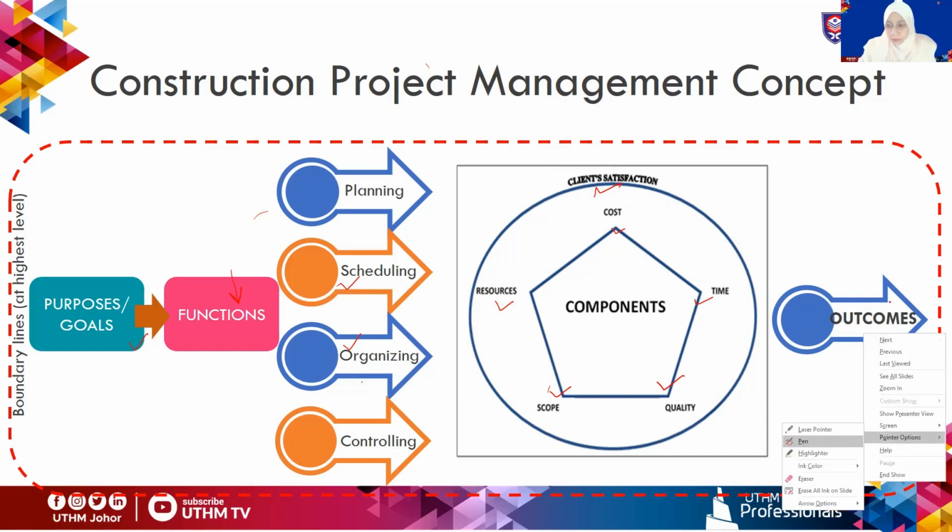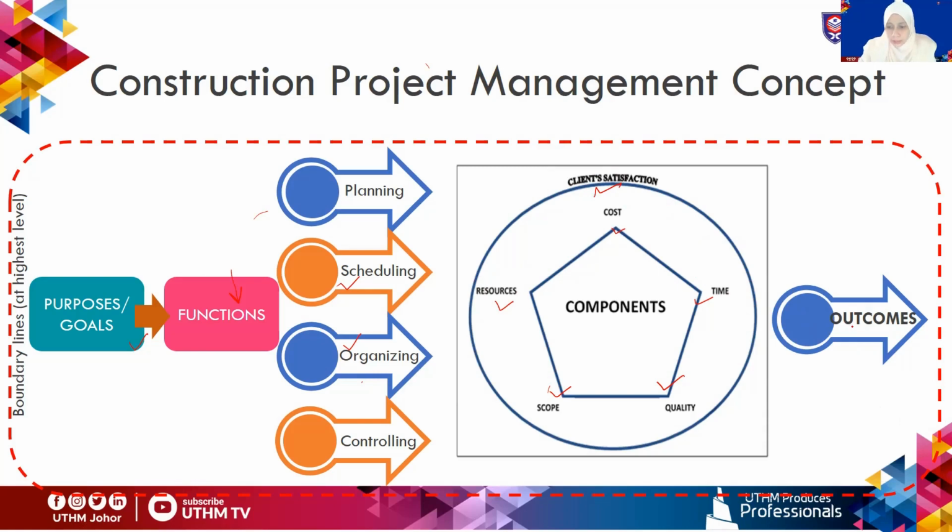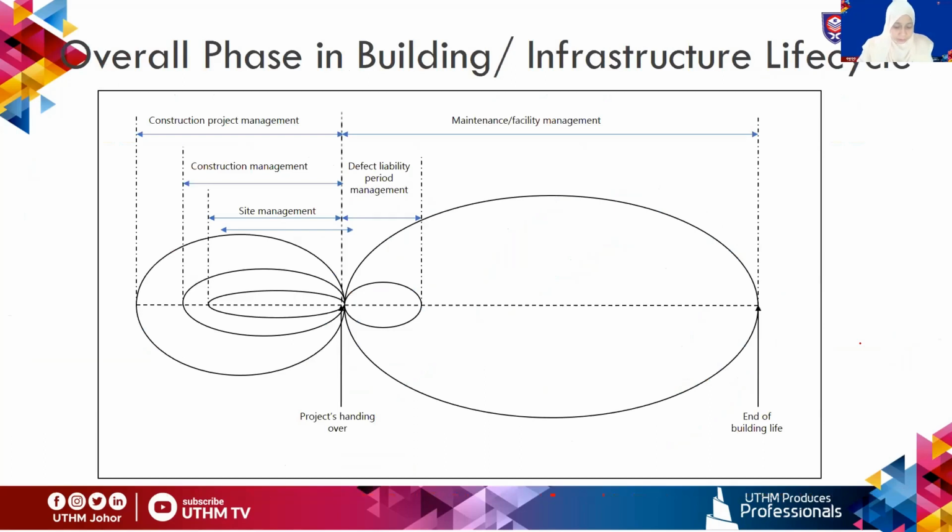The outcome is basically spelled out in terms of scope of works, in terms of characteristics that are written in the project contract document, right? So this shows some basic phases in building or infrastructure lifecycle.